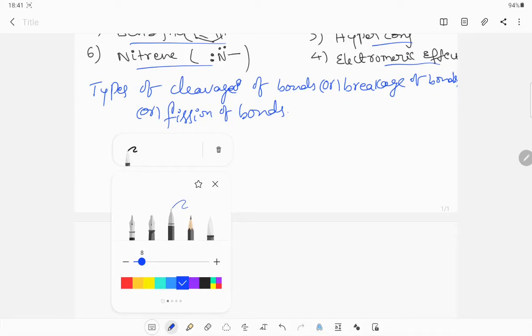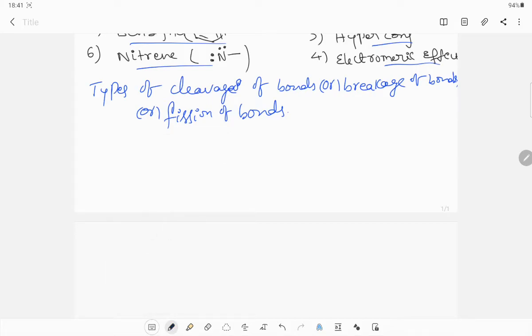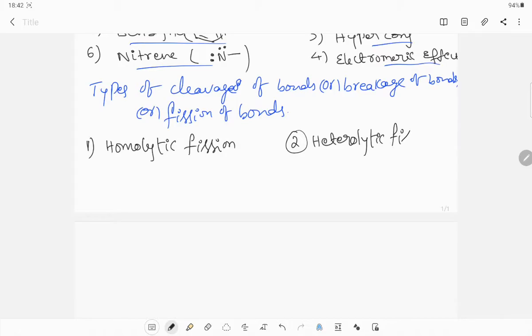See, in total we observe two types of bond cleavage. One is homolytic fission, and the other is heterolytic fission. Homolytic fission and heterolytic fission.